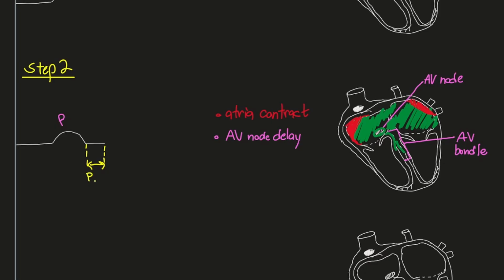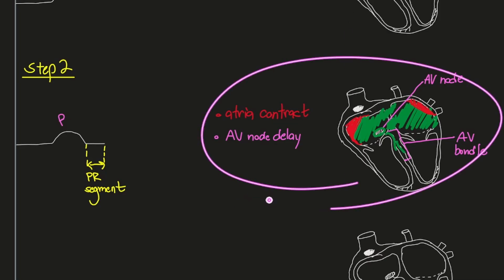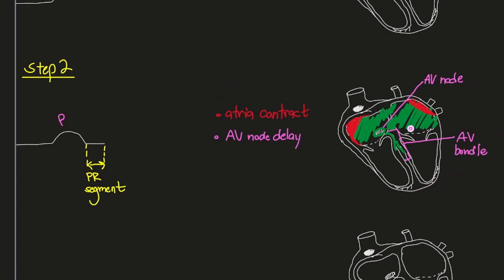This is our PR segment. This is where you can see the importance of knowing these segments and intervals. This PR segment being formed is due to all of this, and to be more specific, it's due to our conduction through our AV node into our AV bundle. That is what's creating our PR segment.